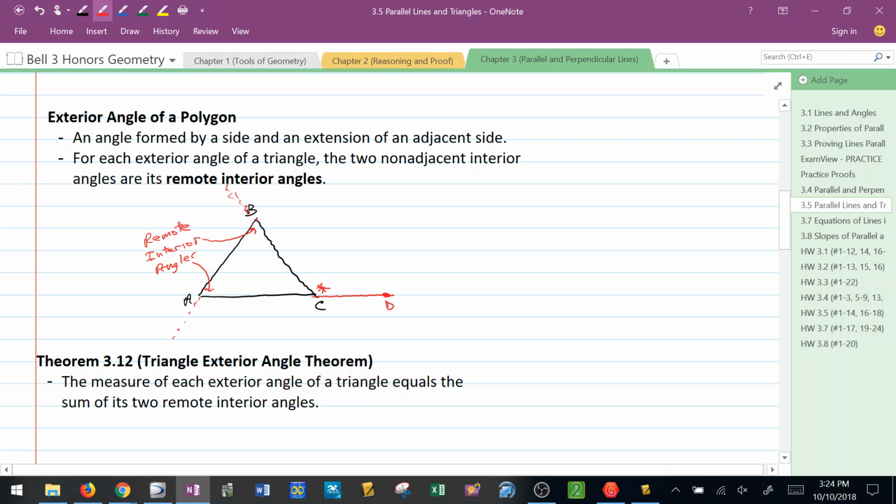So we have this thing called remote interior angles. And again, this angle out here was known as an exterior angle of the triangle, or it could be in general of a polygon.